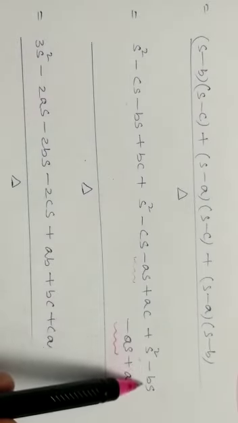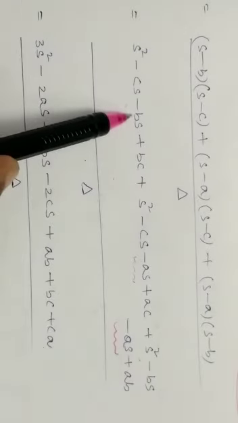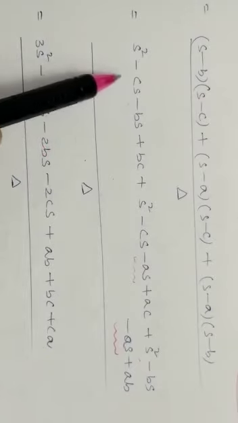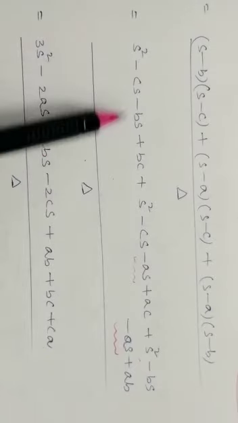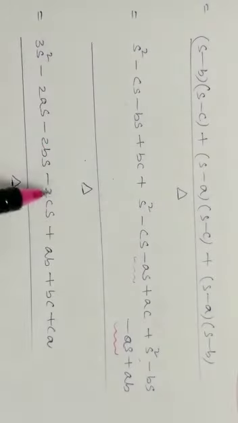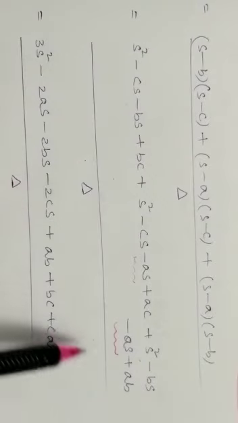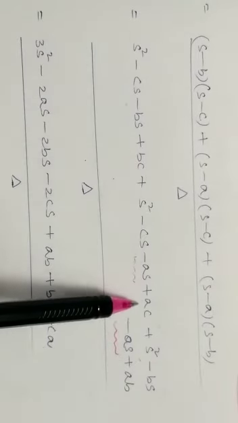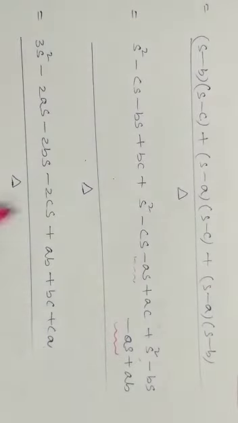Minus bs minus bs, minus 2bs. Minus cs minus cs, minus 2cs. And the remaining are ab plus bc plus ca, by delta.